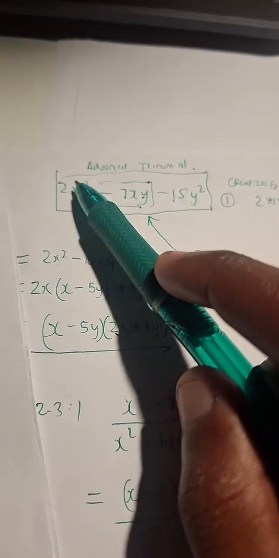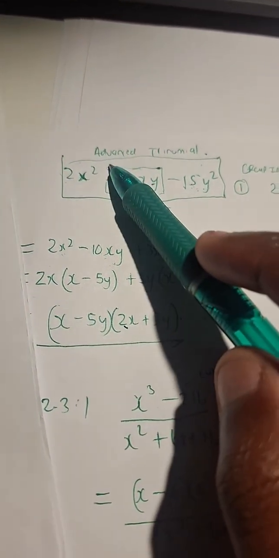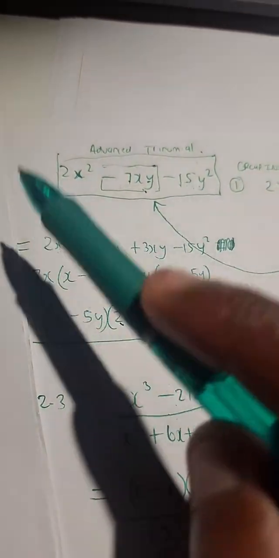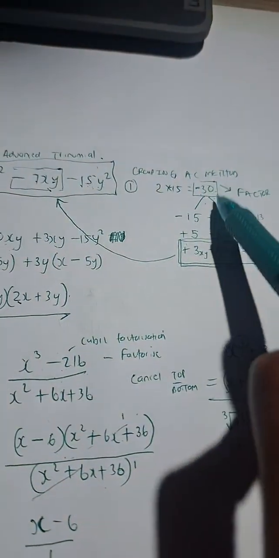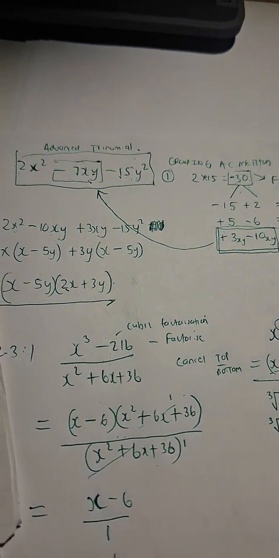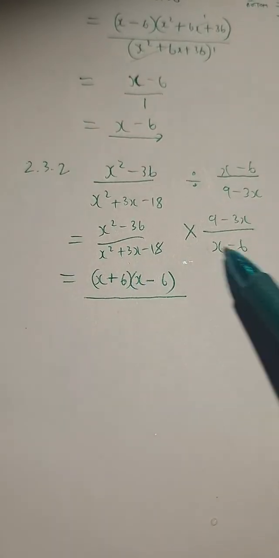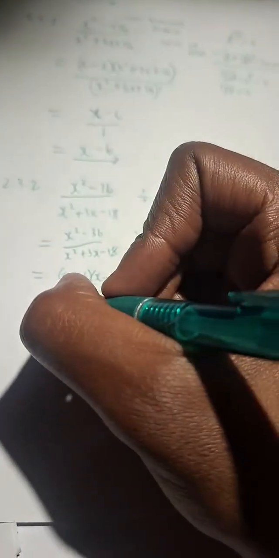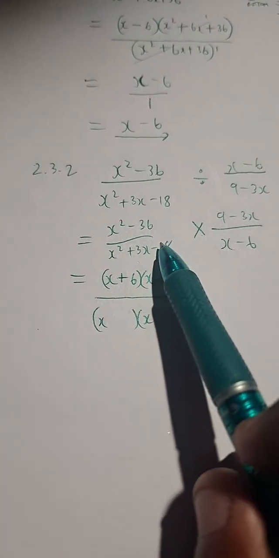When the coefficient of x squared is not 1, it's something else, and there's no highest common factor that is greater than 1, then basically we know it's an advanced trinomial, and our approach would be like the one that I had explained. But this one is a nice sweet trinomial. Here we just open 2 brackets. For x squared, we know it's x and x. That's what gives us x squared.